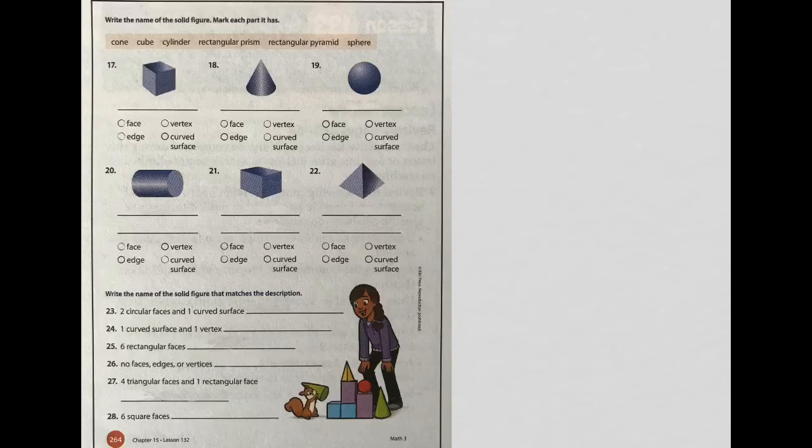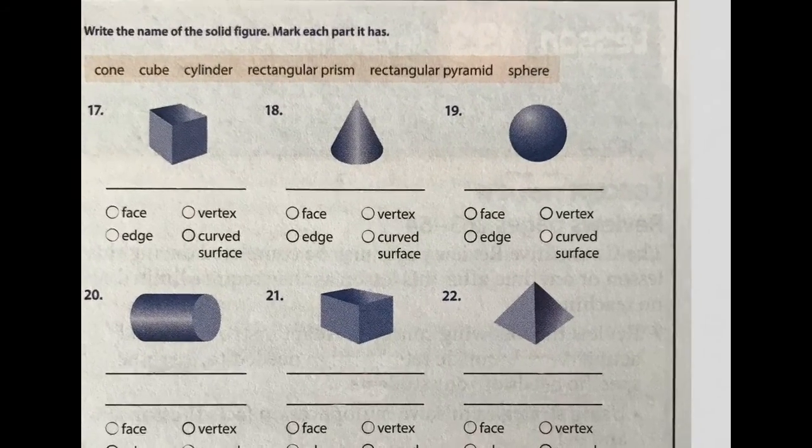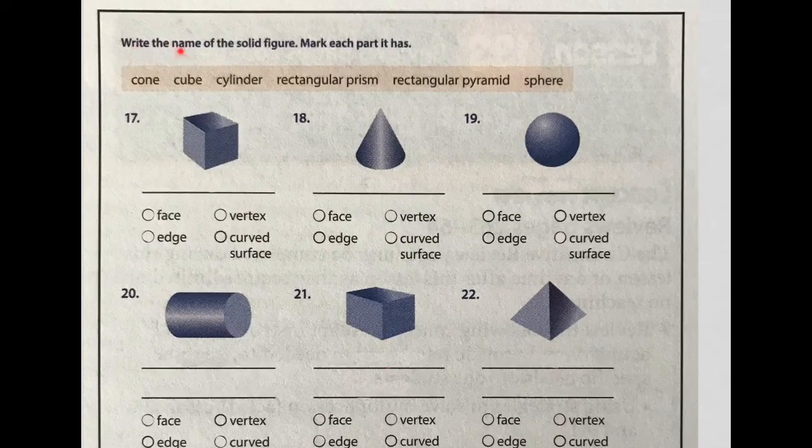Let's take a look at the back. For 17 through 22, you're going to write the name of the solid figure and then mark each part it has.